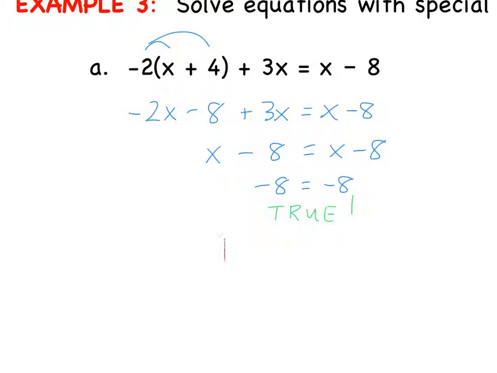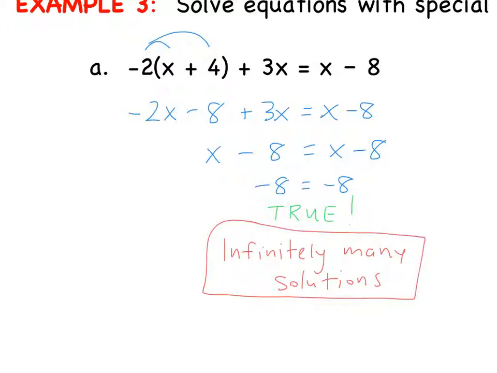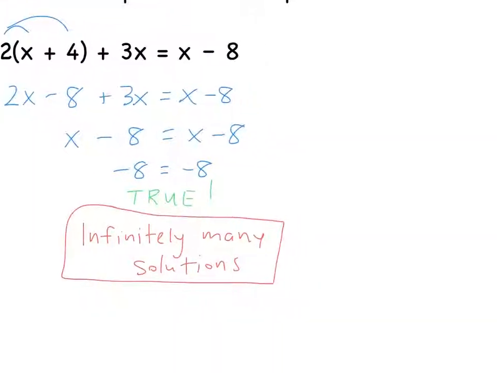So it's infinitely many solutions. All right. When you get a true statement like that, you get infinitely many solutions when your variables go away. Okay, so again, this is review. You should recognize that, but a quick refresher. All right, let's move on to part B.